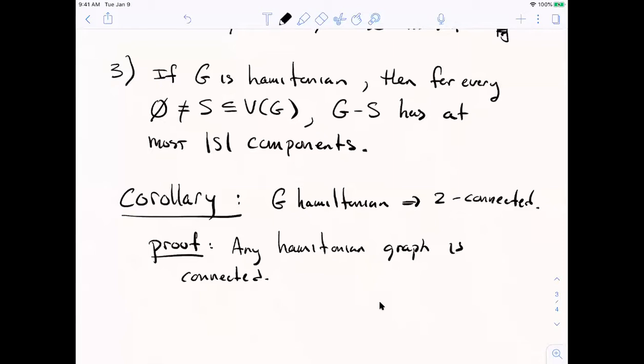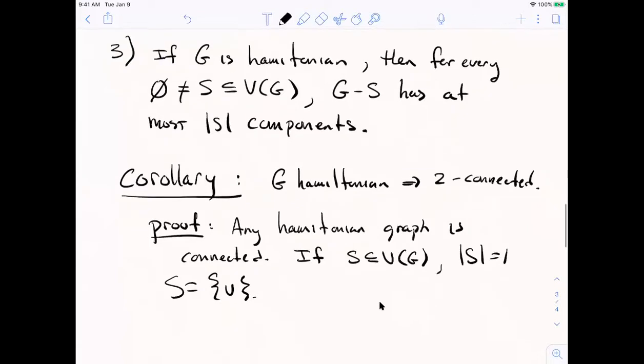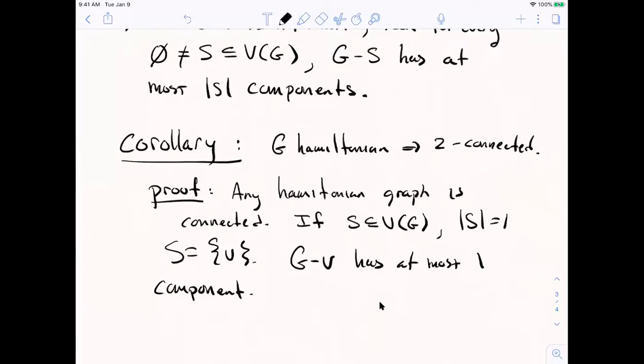So now, if we take some subset S of the vertex set and say it has one element in it, so it looks like some single vertex v, then because G is Hamiltonian and property 3 holds, the graph G minus v has at most how many components? 1. It has at most 1 component. That is, it's connected. v was any vertex.